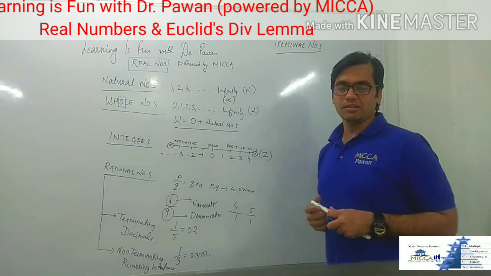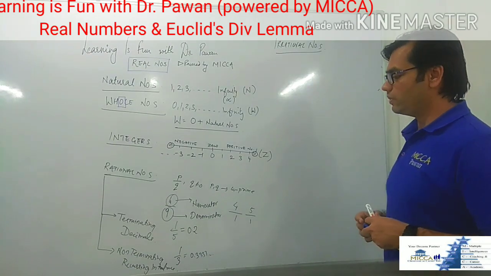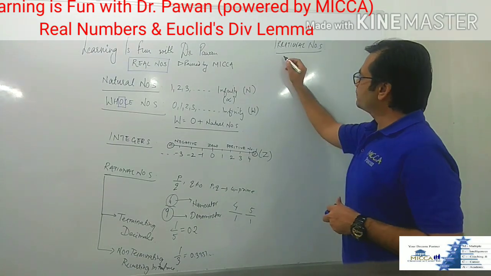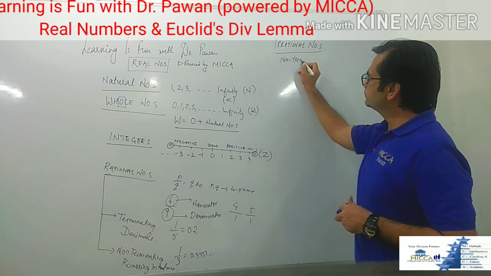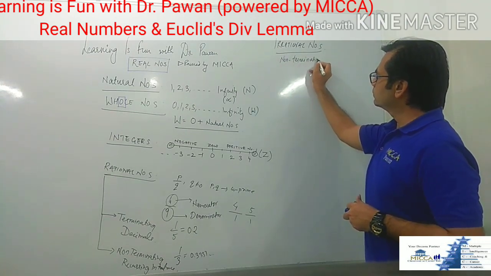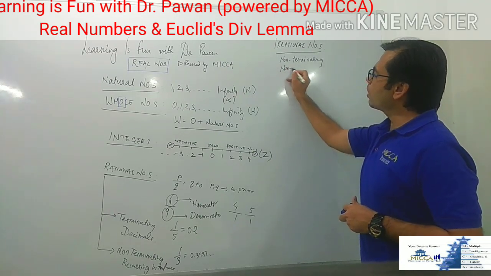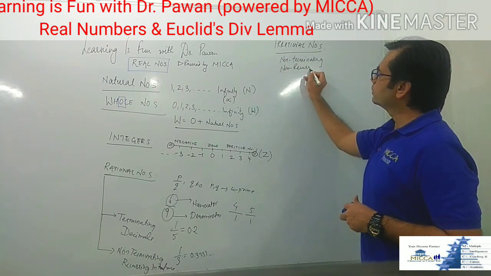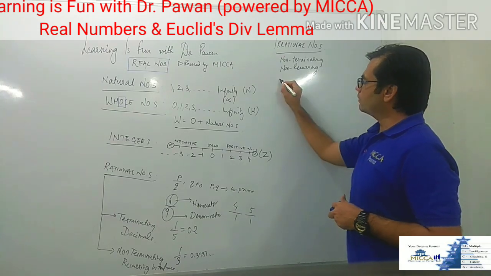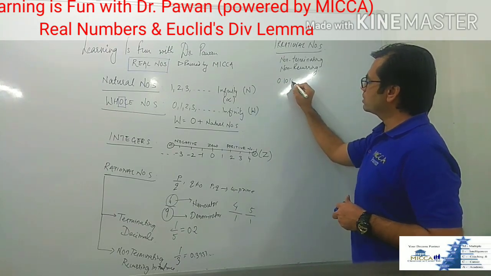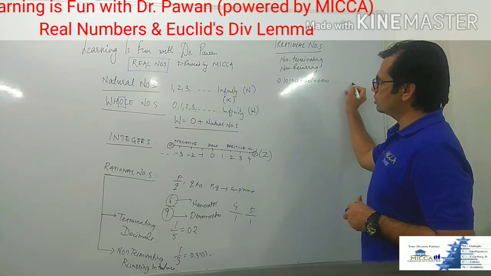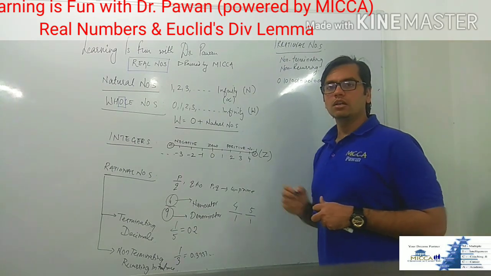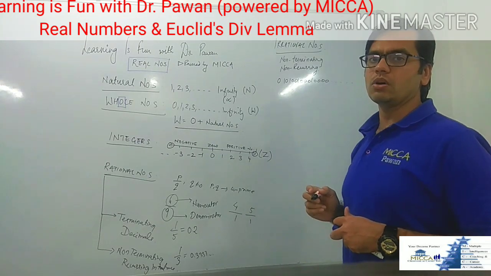Okay, but you can say that irrational numbers are set of all those numbers where the numbers are non-terminating and non-recurring as well, which means if you have a number 0.10101000100000 this is non-terminating as well as non-recurring.